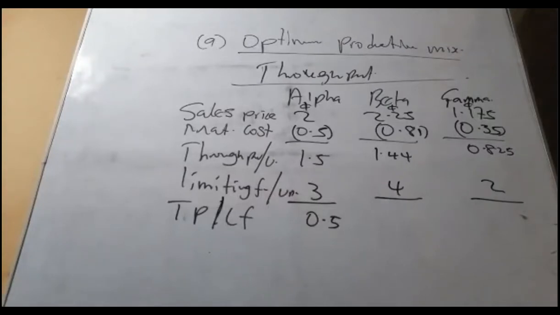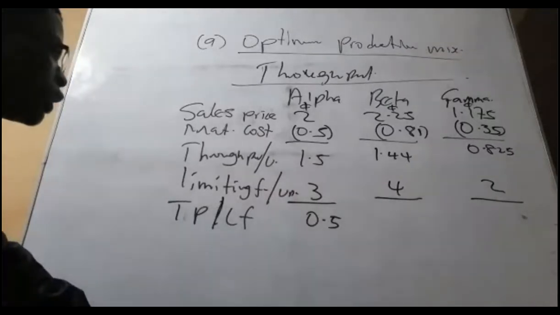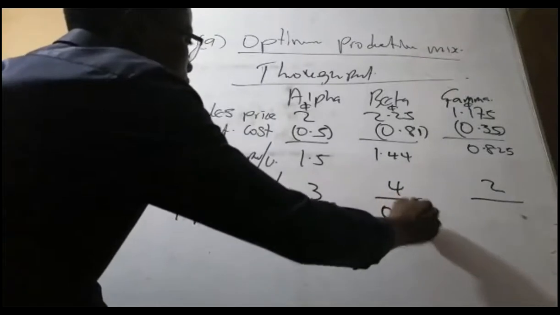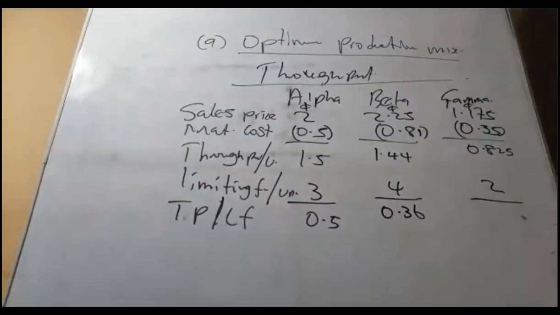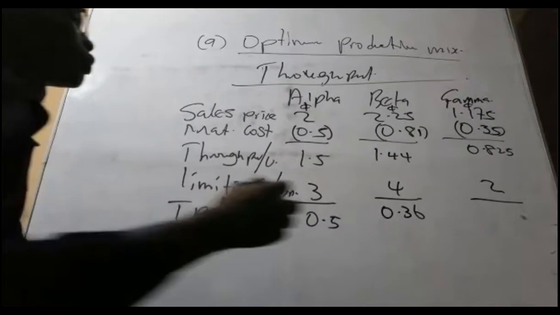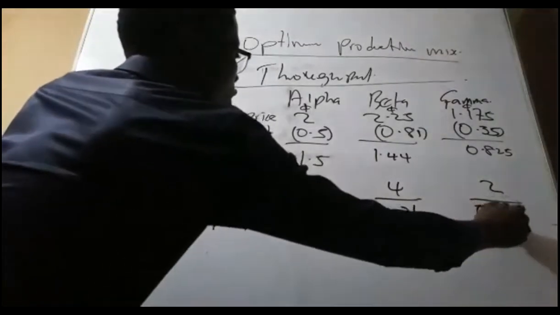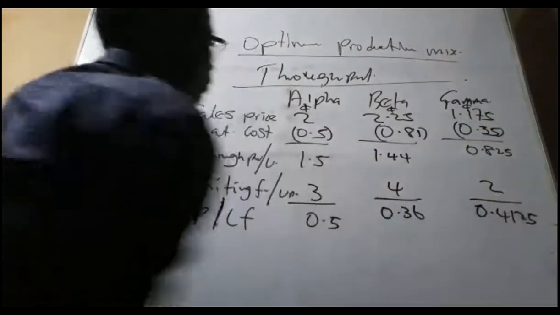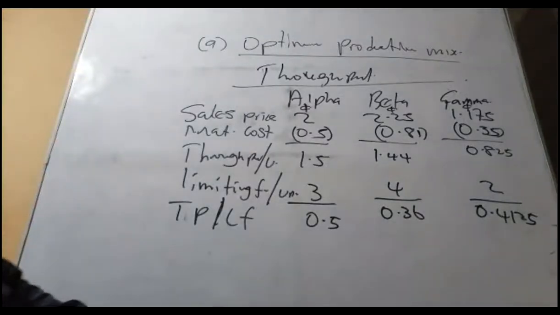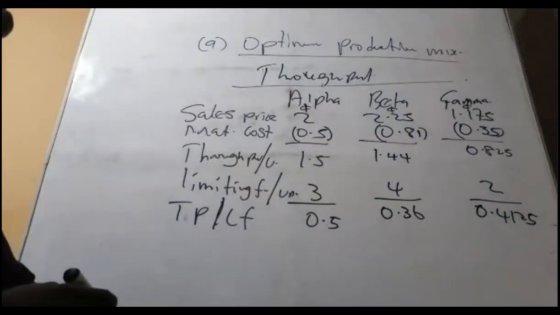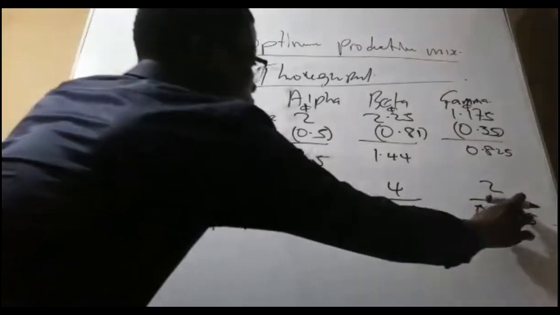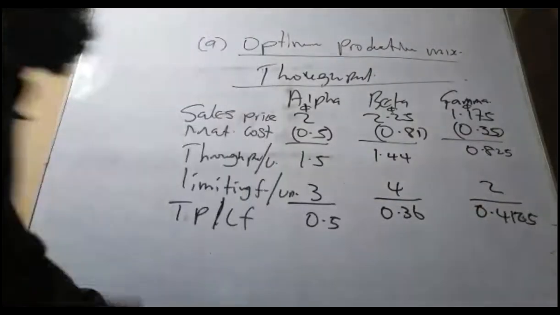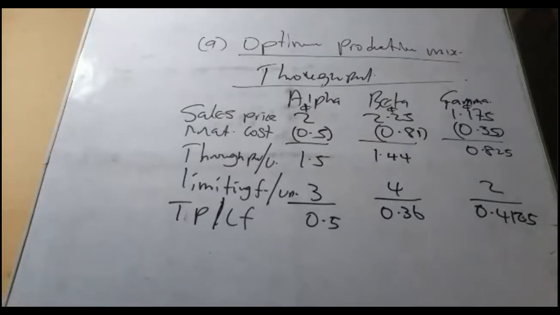Good. So this should give us 0.36. 0.4125. Okay. Great. Now the next step is the ranking.